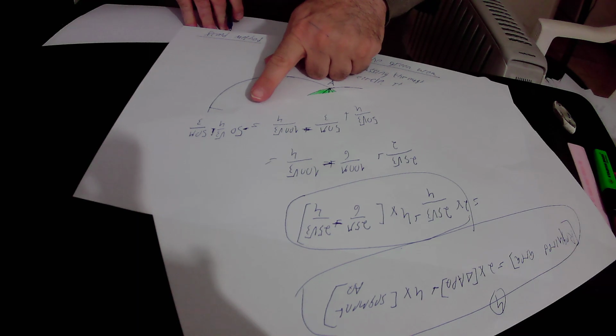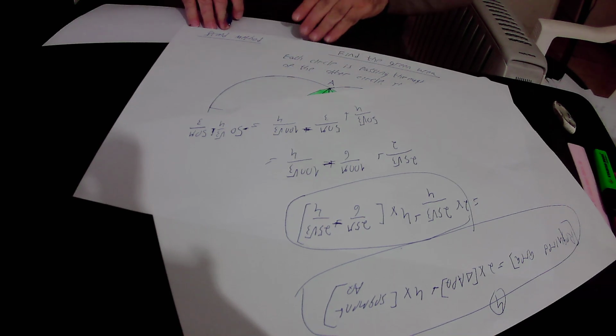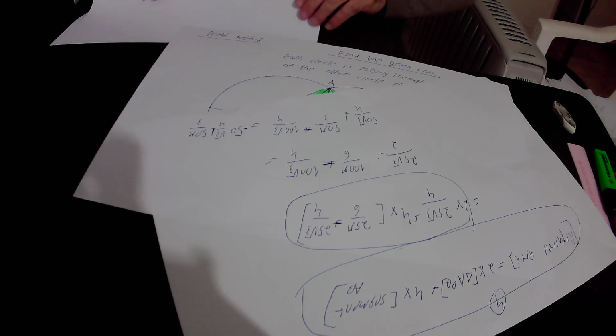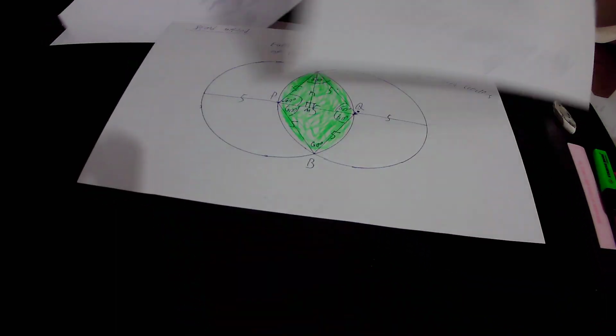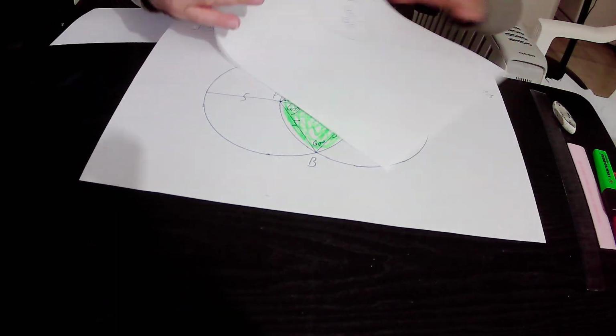Again, we have 50 pi over 3 minus 50 times square root of 3 over 4. So here we took 50 as a common factor.